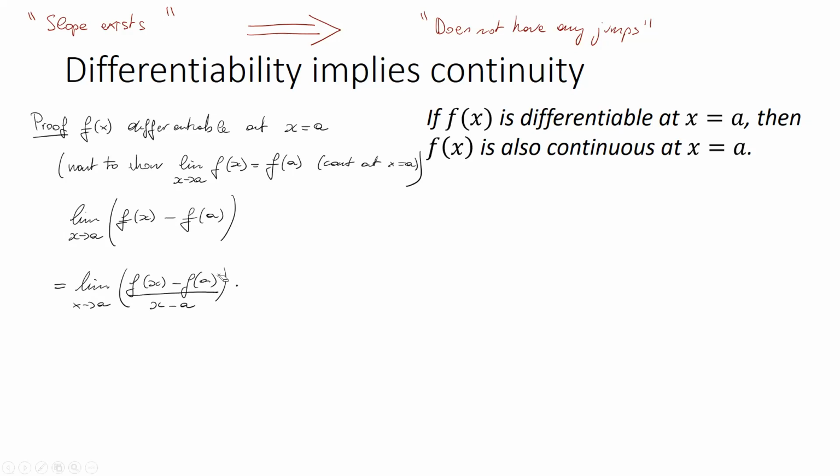And then in order to keep the limit the same, we also have to multiply by x minus a. And this is a nice thing to do because this now looks like a derivative.